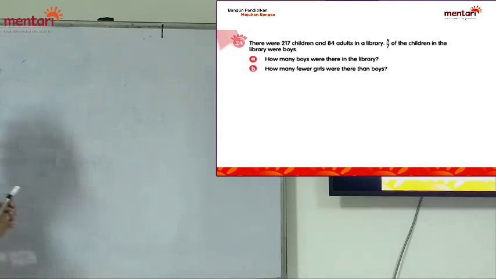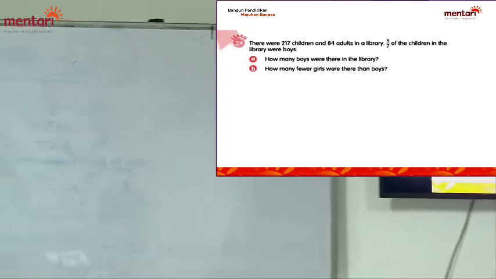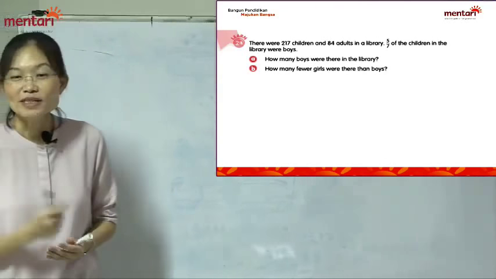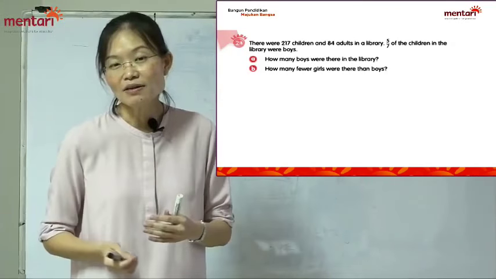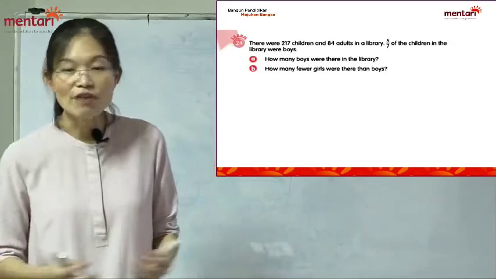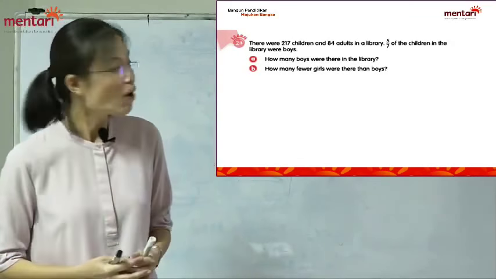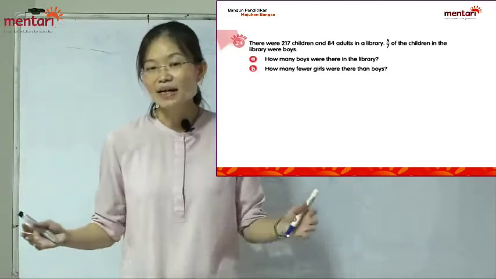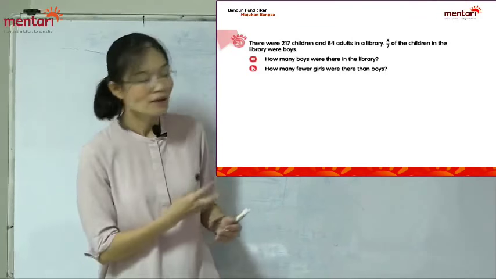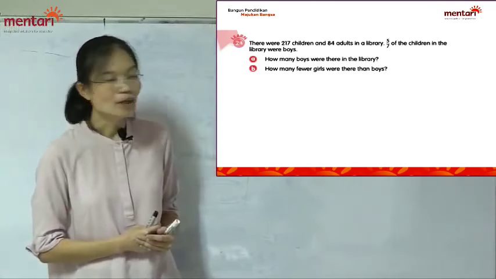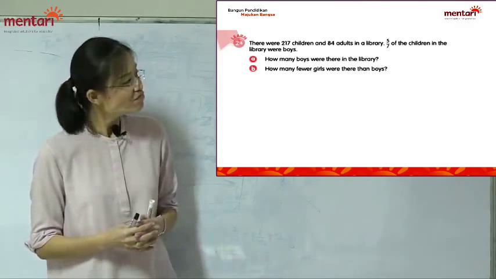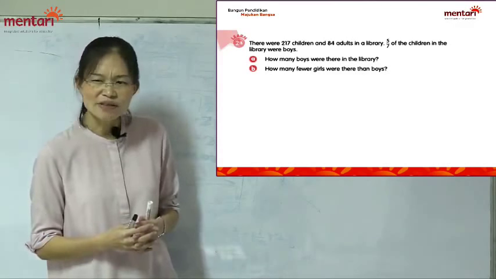Okay, so again, we are going to use the steps that George Polya tells us to do. So first is understand. We want to gather the information. What information have I gathered from the word problem? How many children are there? 217. How many adults are there in the library? Yeah, you know that, 84. Now, do you know how many boys are there? 5/7?